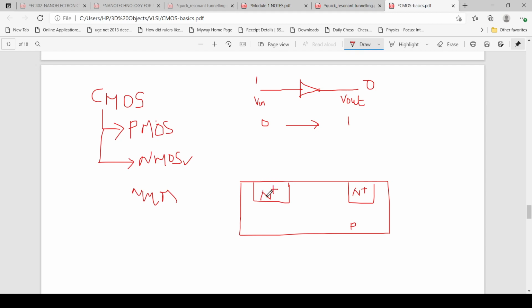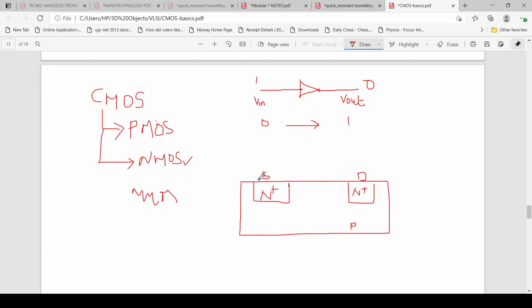If we select this region as source and this as drain, or this one as source and this as drain, there is no problem. We can interchange the source and the drain region. Here I am selecting this as the source and this as the drain region.